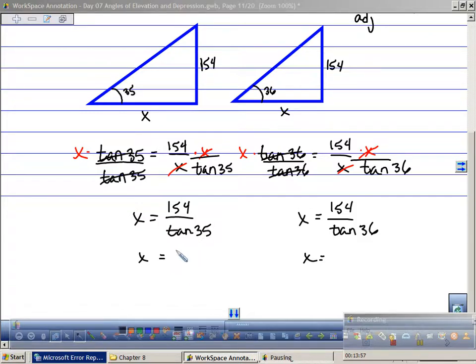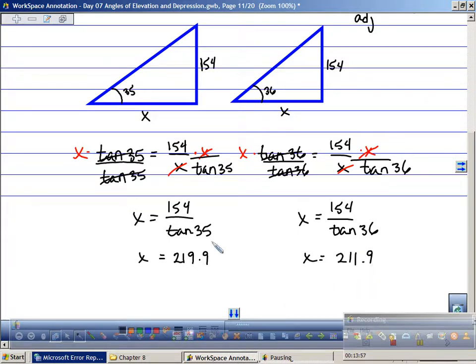Okay, for tangent 35, I got 107.83. Nope, that's not right. Oh, 219.9, and this one is 211.9. So what do I do with that?